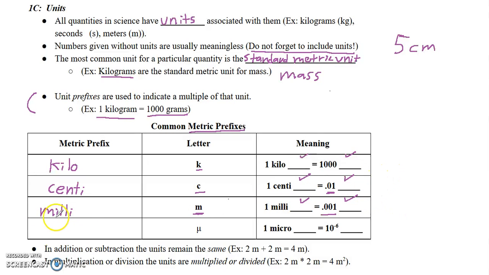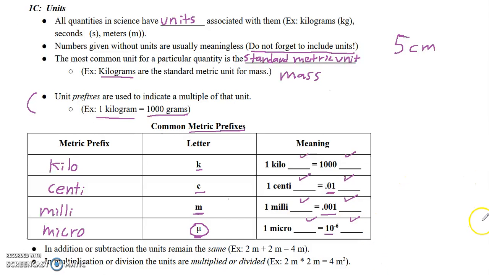And then the last one is micro. So if you have 1 micro, it's abbreviated with this weird U. It's called mu, the character. This is what this symbol is called. It stands for micro. So if you have 1 micrometer, that means you have 1 times 10 to the negative 6 meters. So you have a very, very small fraction of a meter.